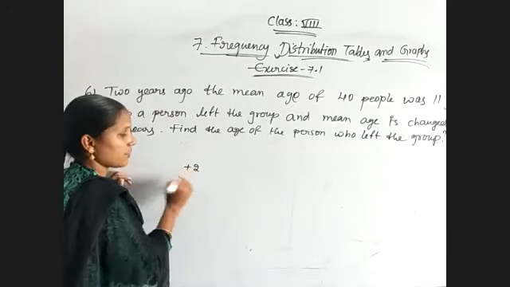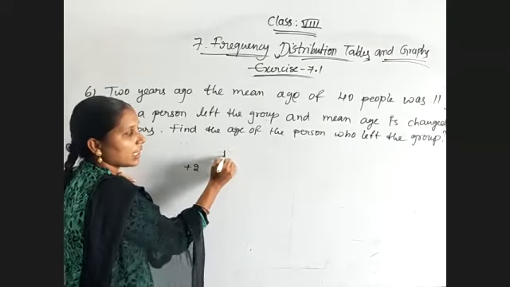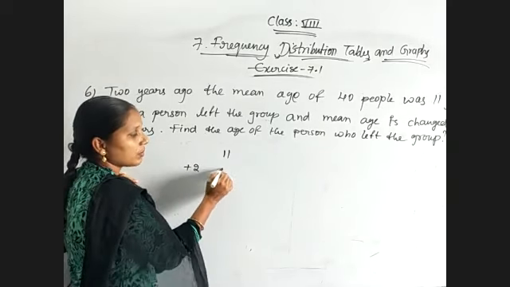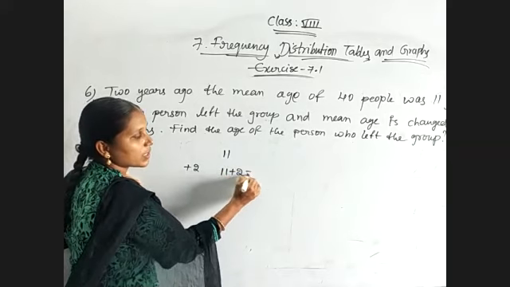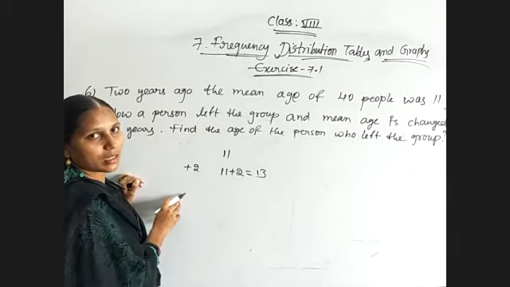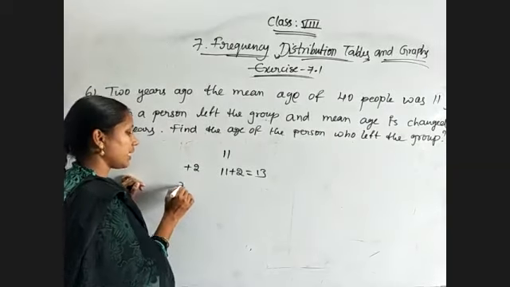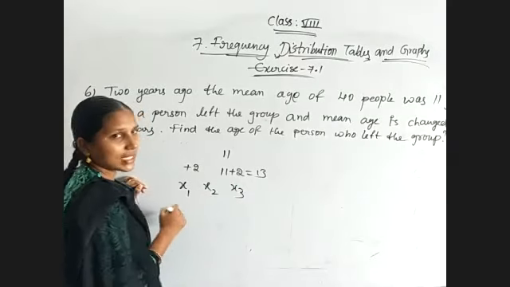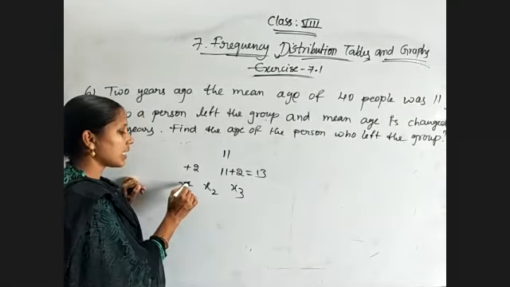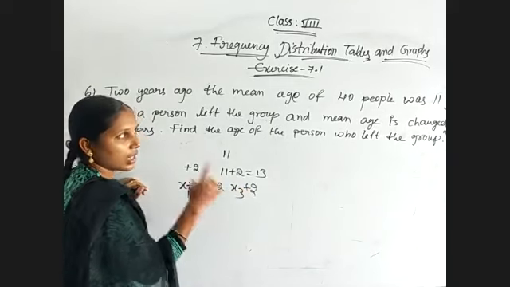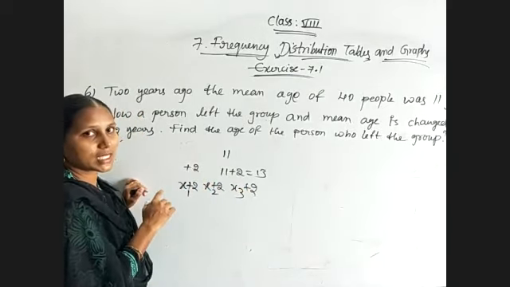Suppose one person's age is 11 years before 2 years. Now after 2 years, the present age will become 11 plus 2, which is nothing but 13 years. And here total 40 people are there. We know that if each observation in a data is increased or decreased by the same number, then the mean also increases or decreases by the same number.